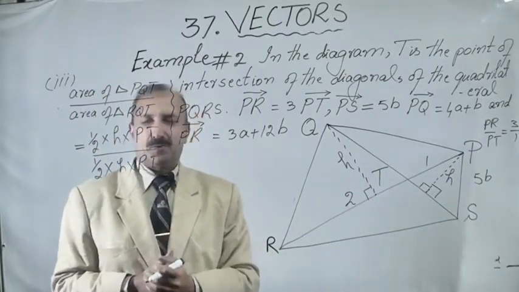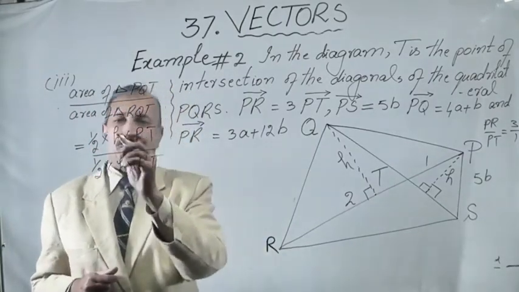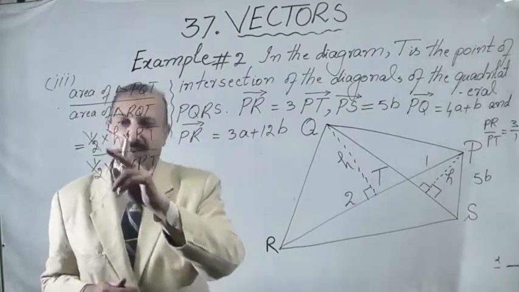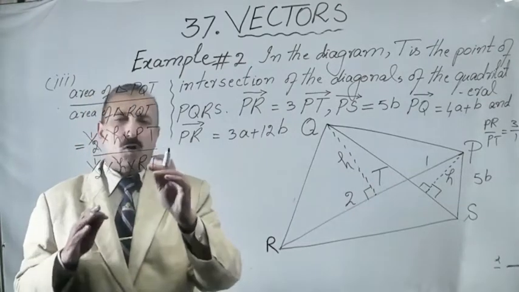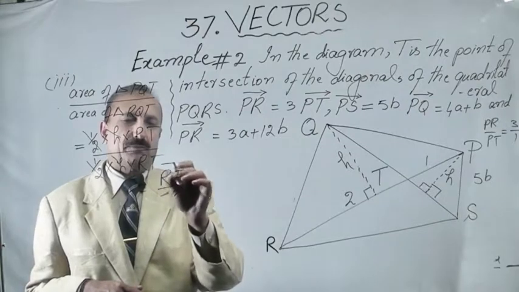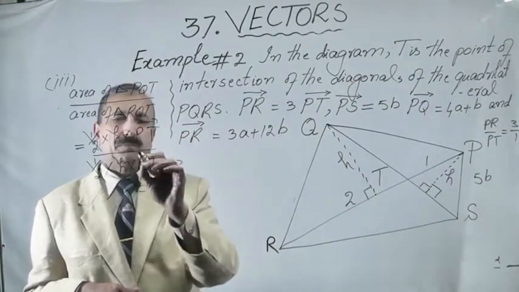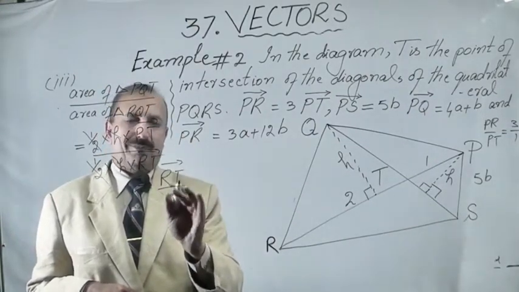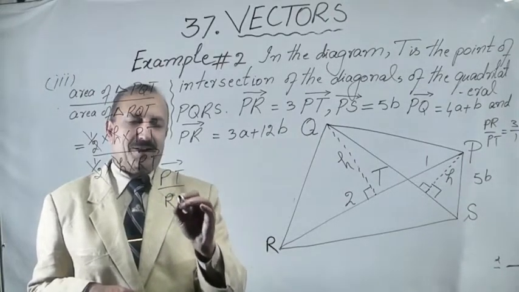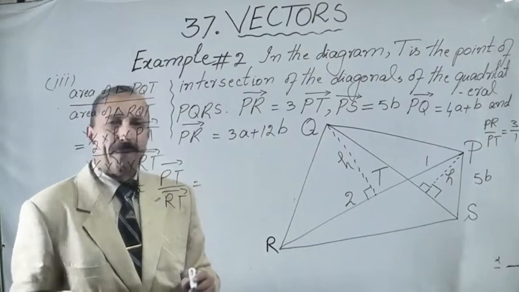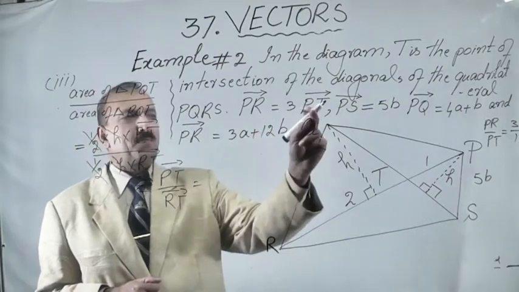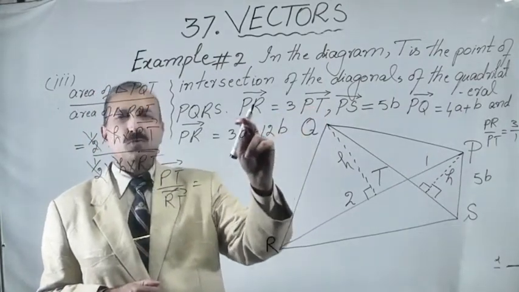Alright, my dear students, what we do here is cancel H with H. Now we got PT over RT. And if you look at the given value, we can see PT is equal to 1 by 3 into PR, since 3 can move to this side.